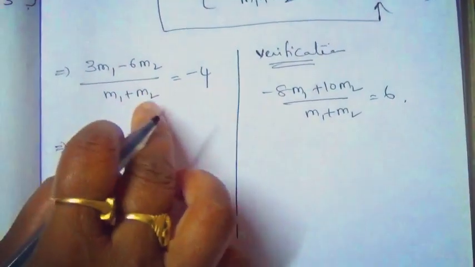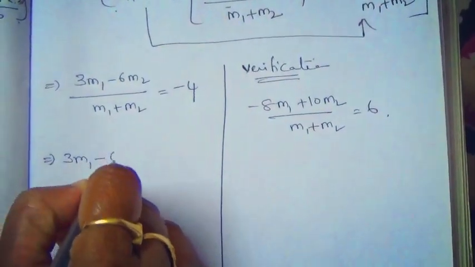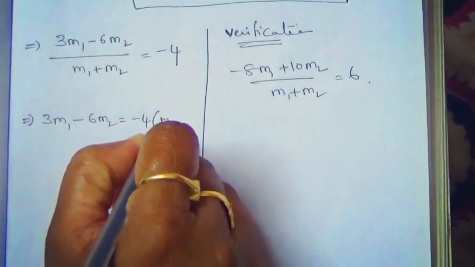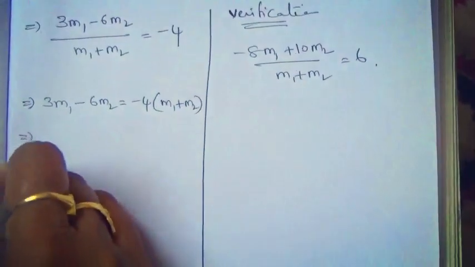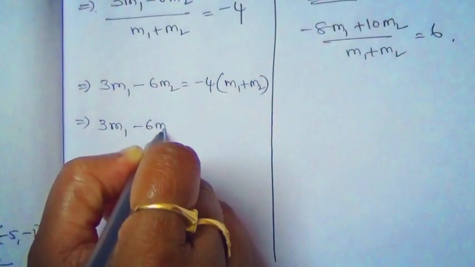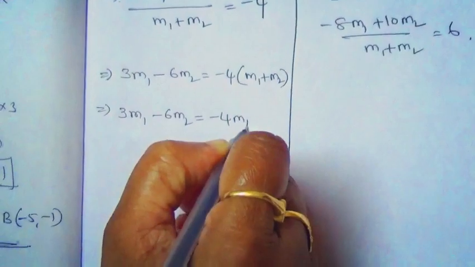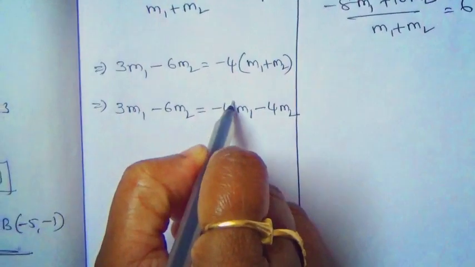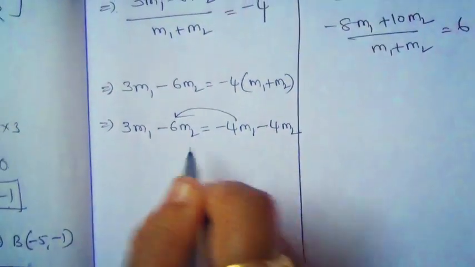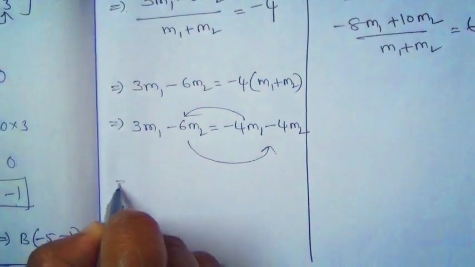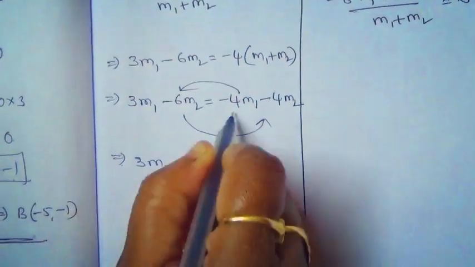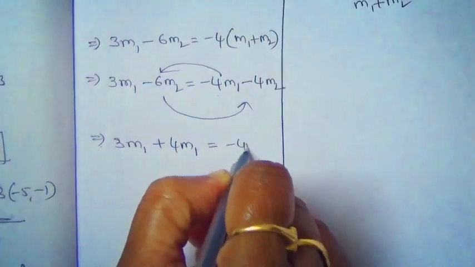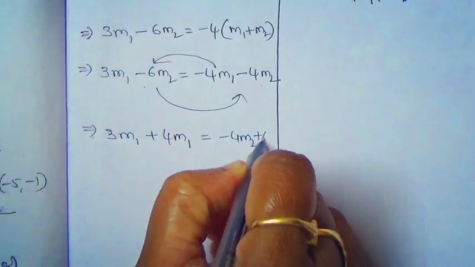That implies, first of all we will do this. 3m1 minus 6m2 is equal to minus 4 times m1 plus m2. That implies 3m1 minus 6m2 is equal to minus 4m1 minus 4m2. So we bring this minus 4m1 to this side and this one to the other side. That implies 3m1 plus 4m1 is equal to minus 4m2 plus 6m2.